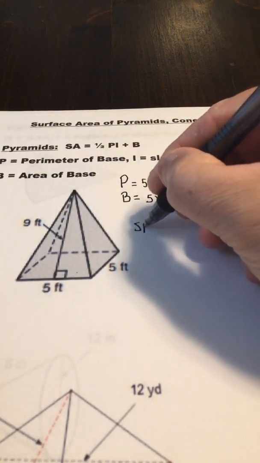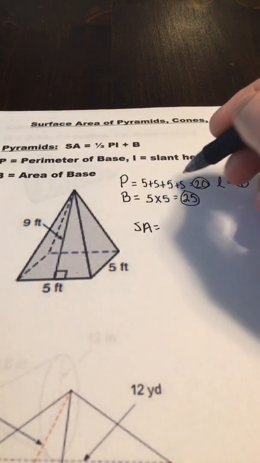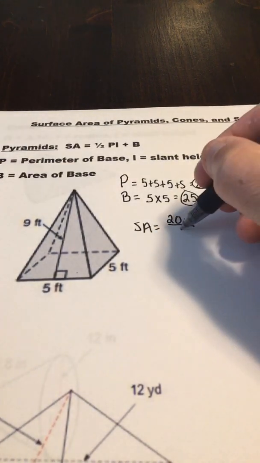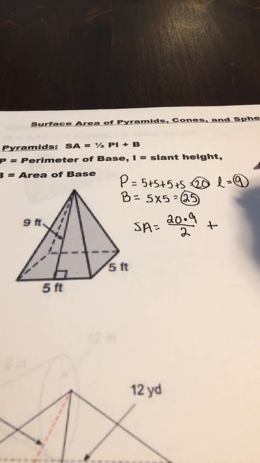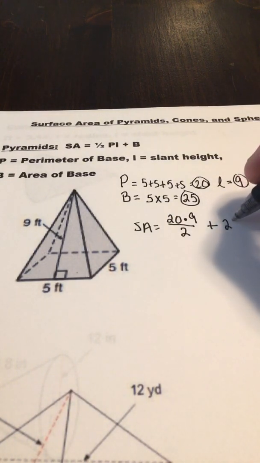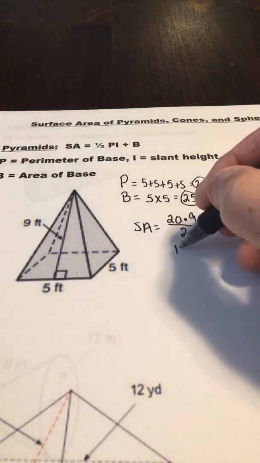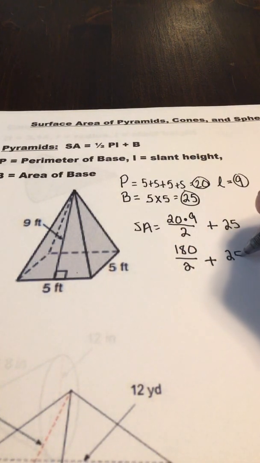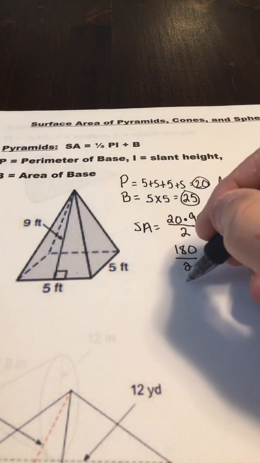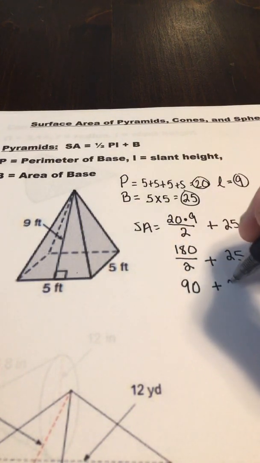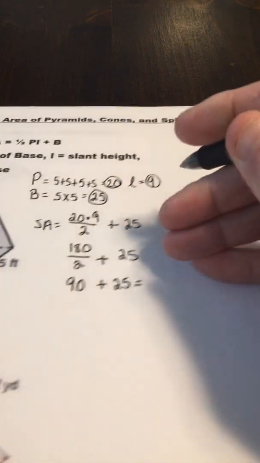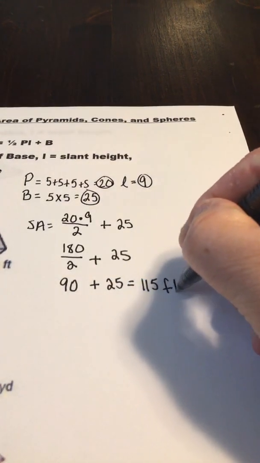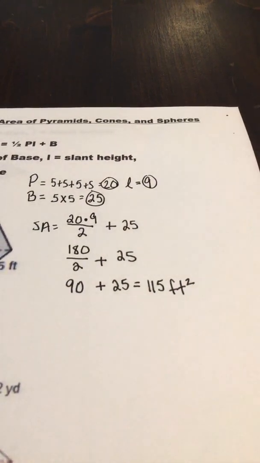So surface area equals big P, which is 20, times L, which is 9, divided by 2, plus big B, which is 25. 20 times 9 is 180, divided by 2, plus 25. 180 divided by 2 is 90, plus 25, which gives us a grand total of 115 feet squared, since it is an area measurement.